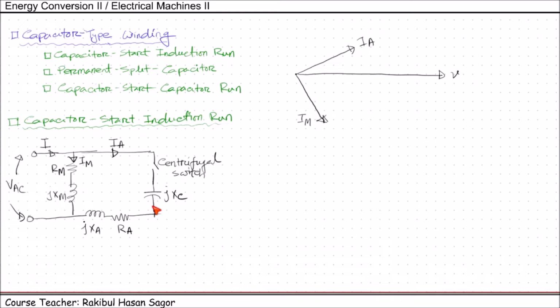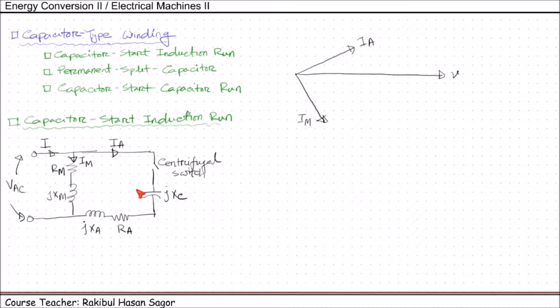Now, by proper selection of capacitor size, the magnetomotive force of the starting current in the auxiliary winding can be adjusted to be equal to the magnetomotive force of the current in the main winding. That means the main winding current and auxiliary winding current can be made equal.